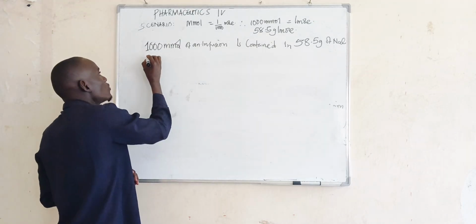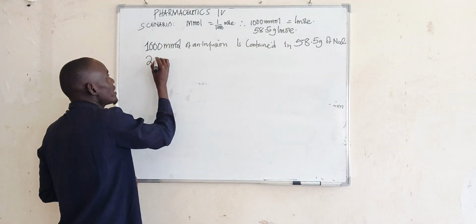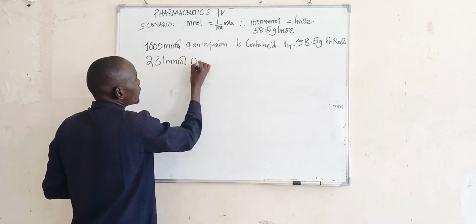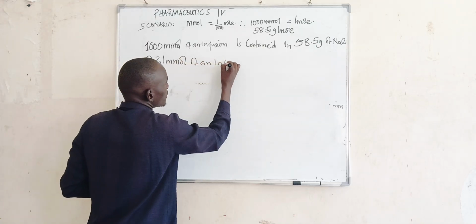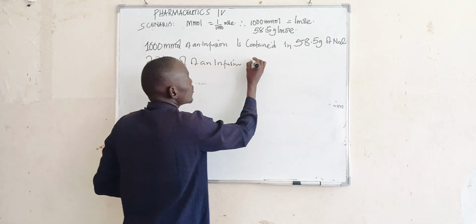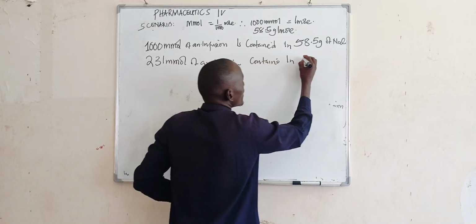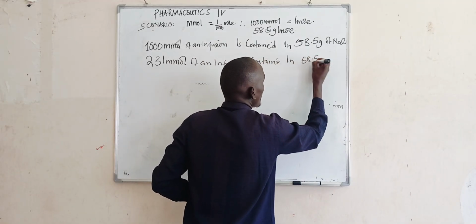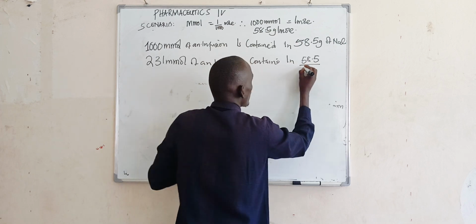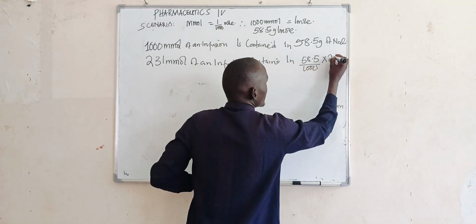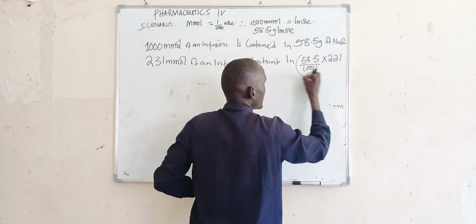Now, how about the 231 millimoles? It will be contained in 58.5 over 1,000 being multiplied by the 231.